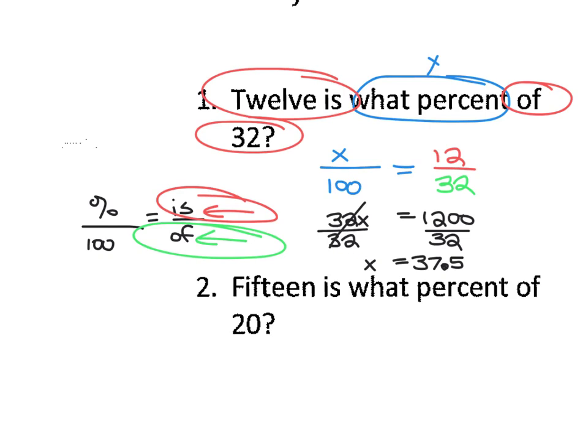Well, 37.5 goes back into our proportion for X. That's what we solved for. So what that means is that 37.5 out of 100 is the same as 12 over 32. Or another way of thinking of that is 12 over 32 is 37.5%.